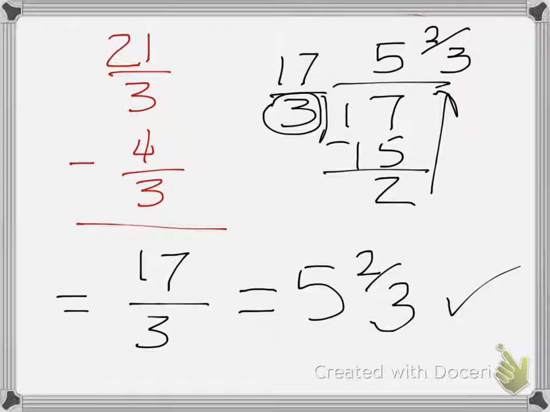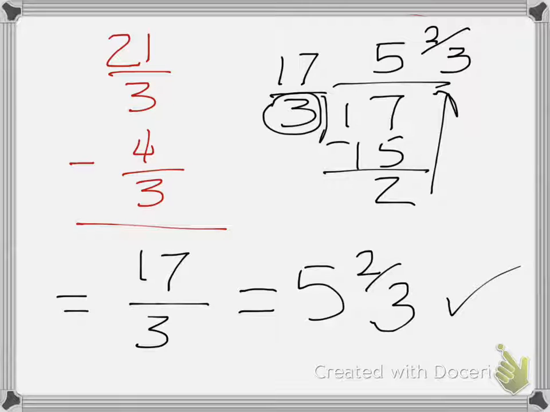Okay, so I gave you a couple different ways of borrowing in subtraction. If you find that your top number is not big enough, you can't figure that out though in subtraction until you've gone through the process of finding your common denominator.